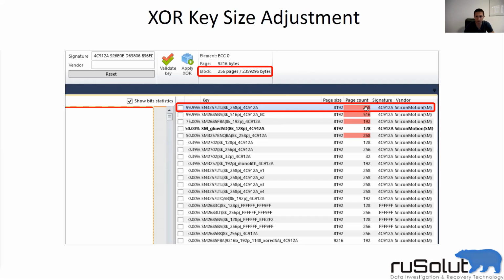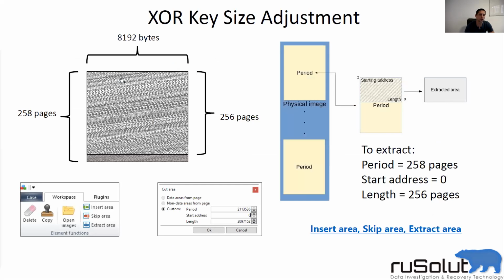Two pages are unnecessary in this key. So what can we do then? We can just extract 256 pages out of those 258 pages with the extract area element.